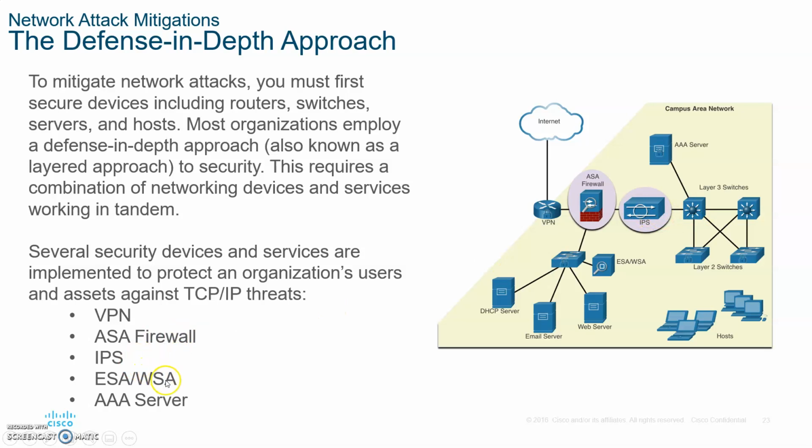Then you've got the ESA and WSA, which have a whole bunch of different firewalls and everything in there. There could also be an IDS system in there for access, to allow access and to do the AAA as well. And then AAA: authentication, authorization, and accounting.